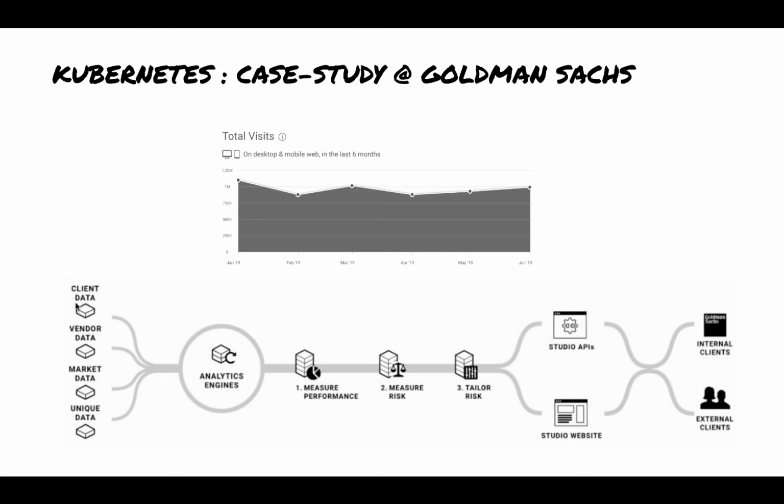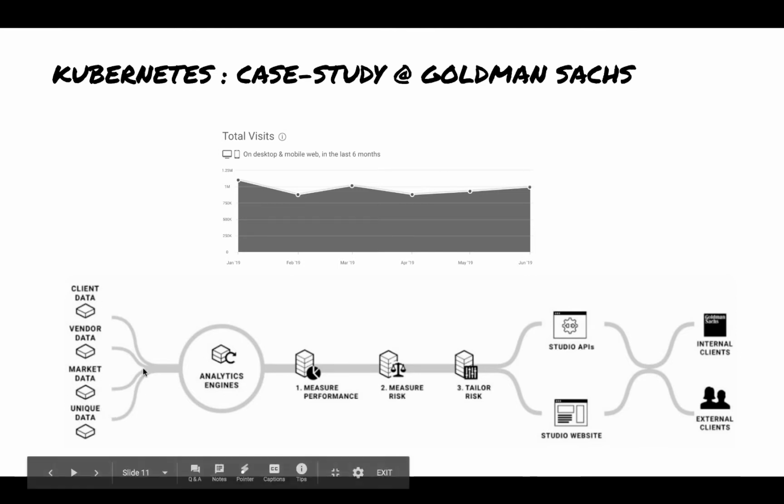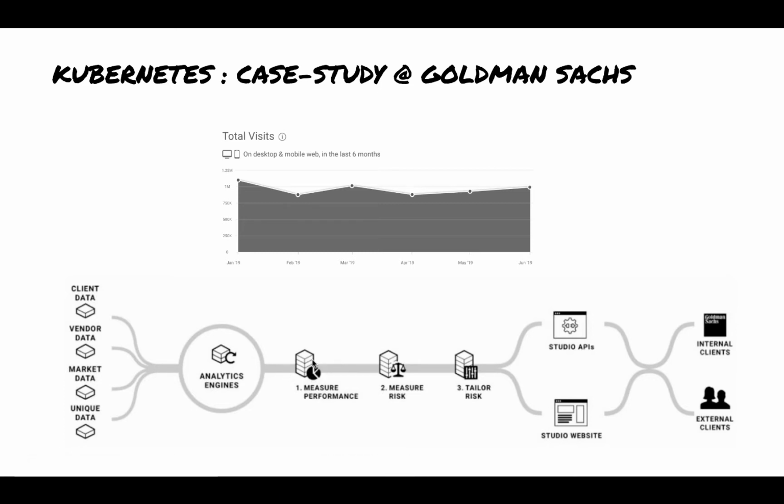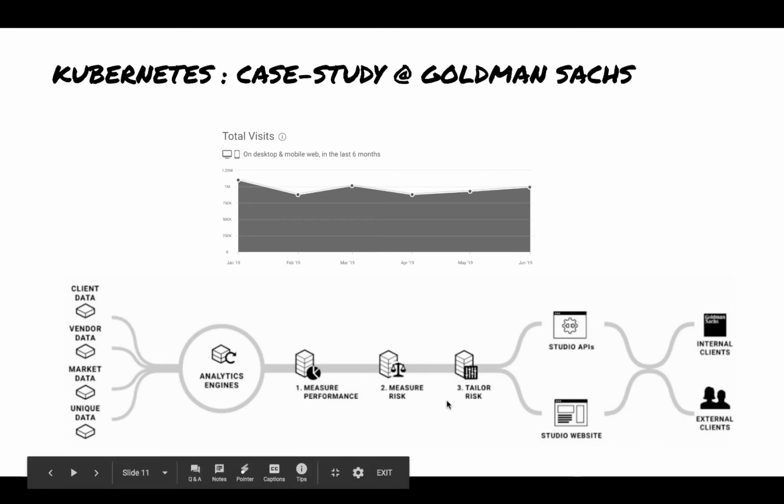So they have their client data, vendor data, market data, and unique data. All of these go through a set of analytic engines, and they do all sorts of analysis of the data.